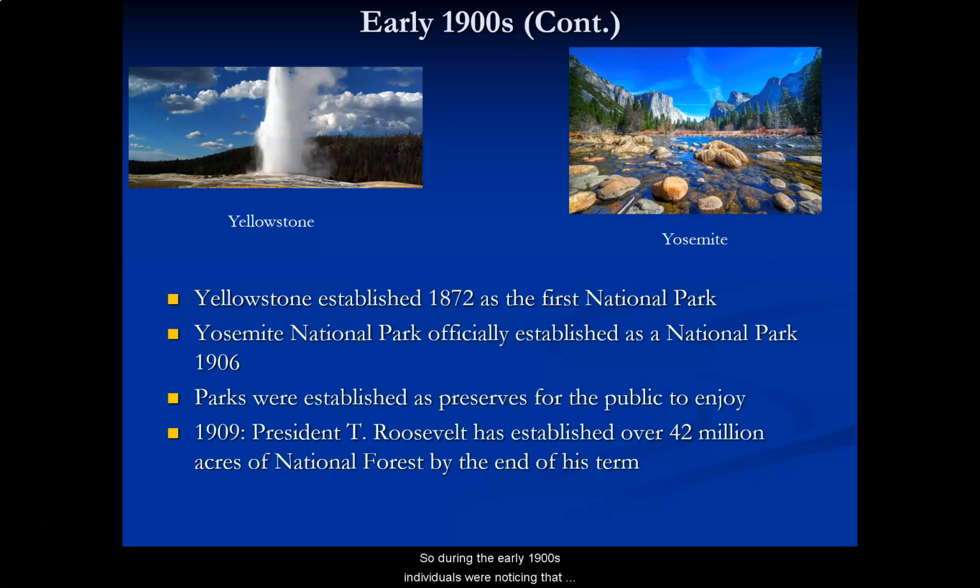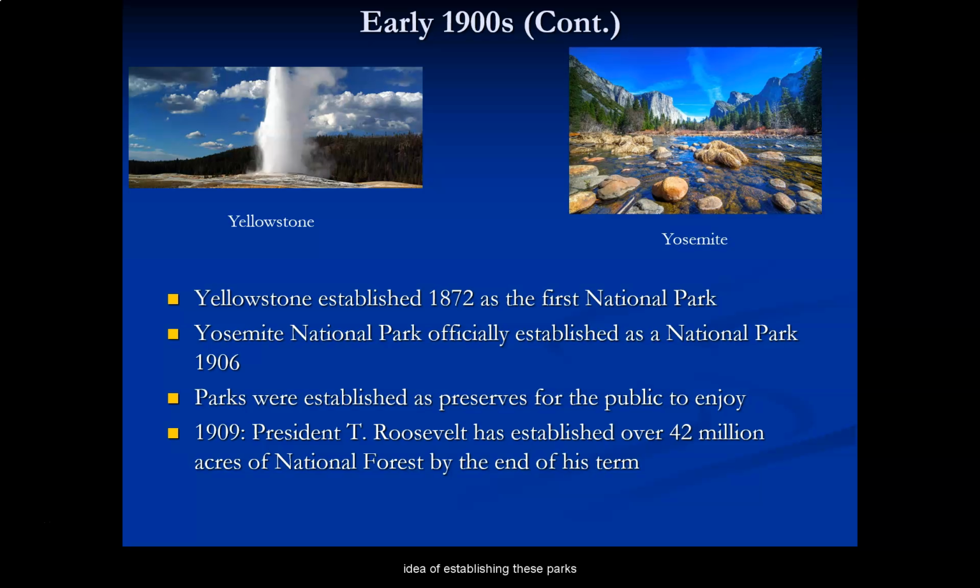So during the early 1900s, individuals were noticing that the environment was being impacted for the advancement of industry. So some individuals decided that land should be set aside to be conserved. Yellowstone was established in 1872 as the first national park, and then Yosemite National Park was officially established in 1906.